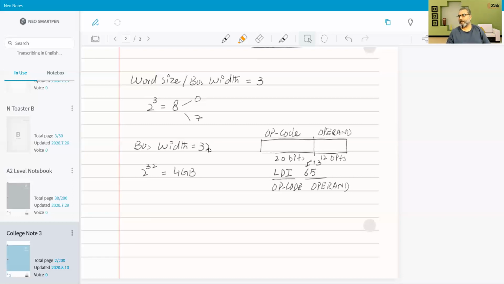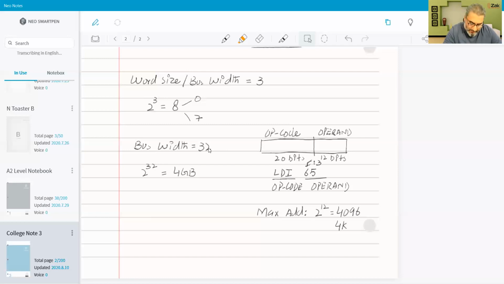Now, basically, that means that the maximum address a single instruction can access is 2 to power 12. All right, so 2 to power 12 is basically 4K, 4096 or 4K memory.